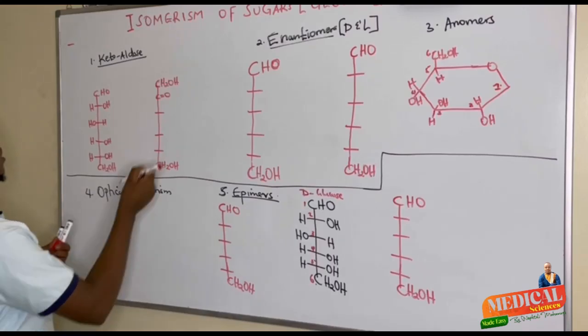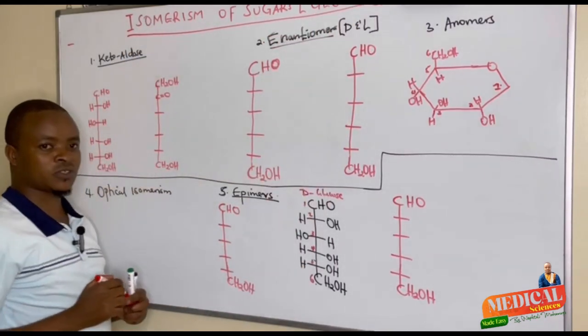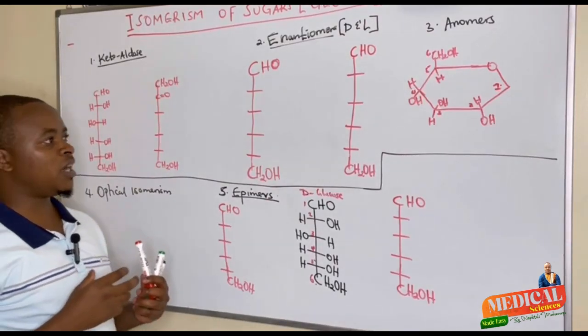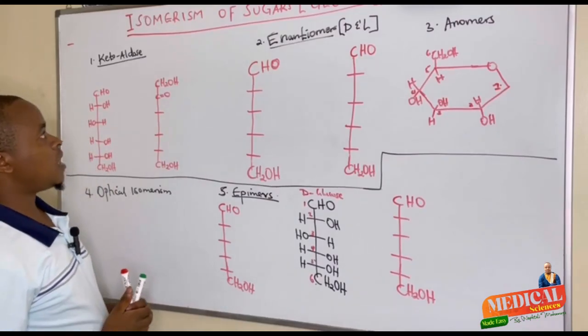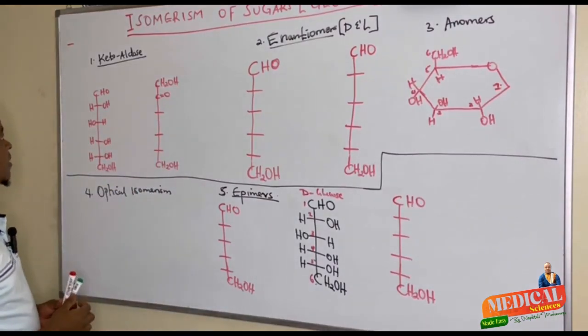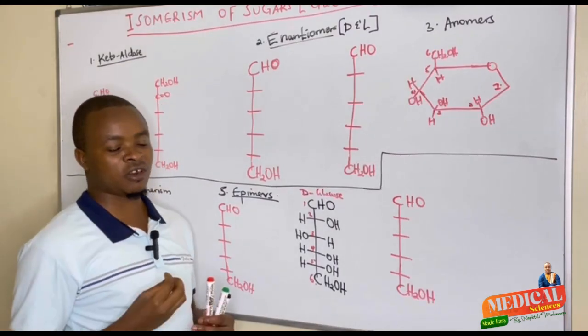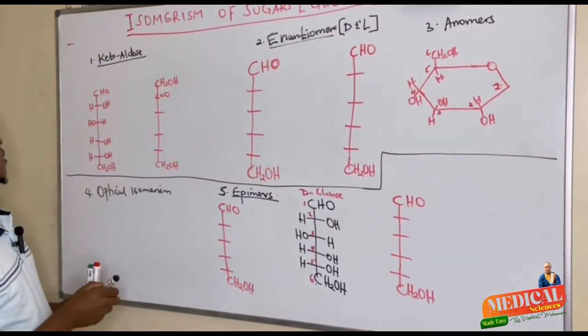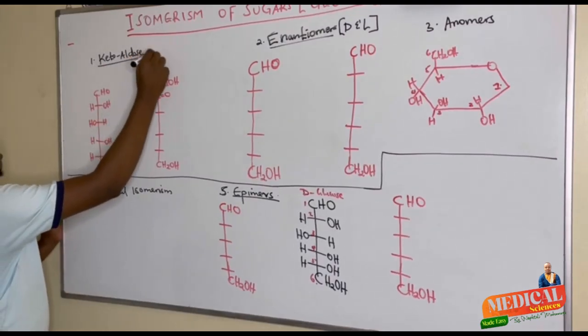In regard to isomerism of sugars, or what we are calling glucose, we are going to see different structures. Among the isomers of sugars, which have the same molecular formula but differ in structural arrangement, we shall look at keto-aldose isomerism.